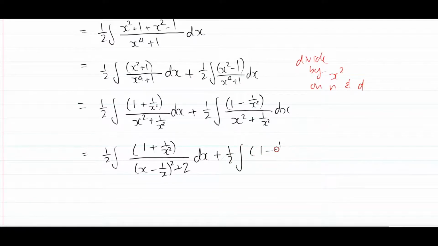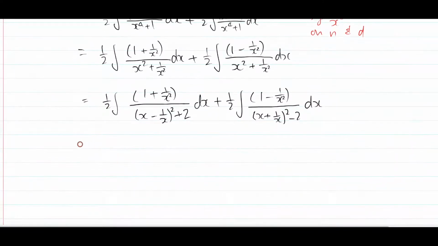1 minus 1 on x squared is still the same here, but in this case, instead of x minus 1 on x, you put x plus 1 on x. Square that, and then you subtract 2 instead. Okay, and here's where it begins.